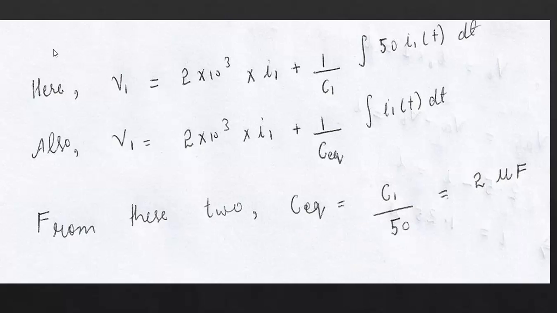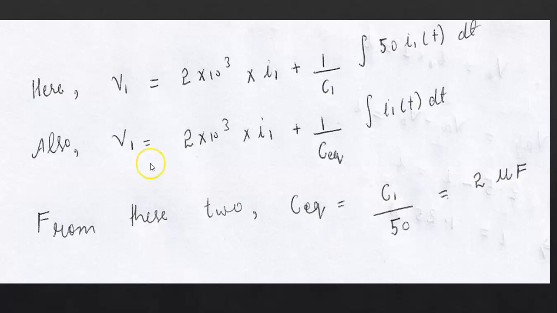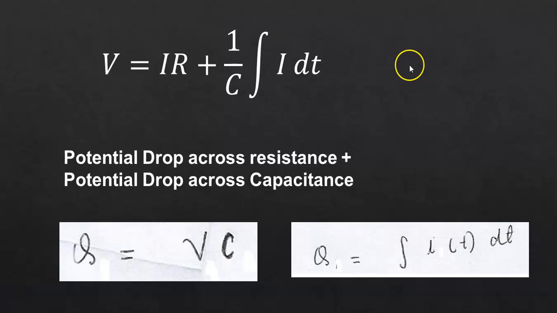Now writing the branch equation for the circuit, V1 is equal to I1 into R, which is 2 into 10 raised to power 3, adding the two resistances of 1 kilo ohm and 1 kilo ohm, which are in series, plus the potential difference across the capacitance, that is equal to 1 by C integral I dt.